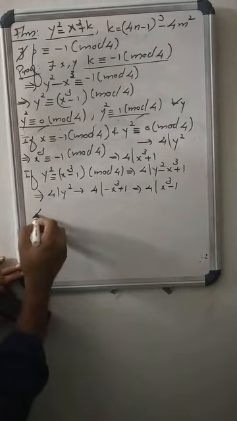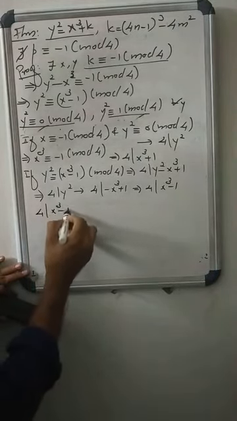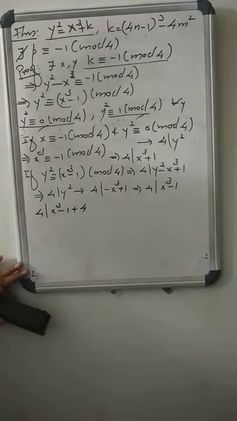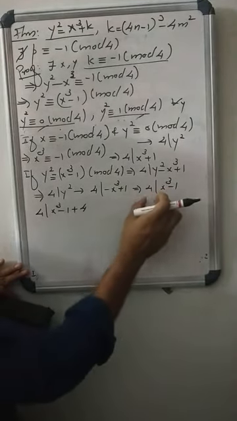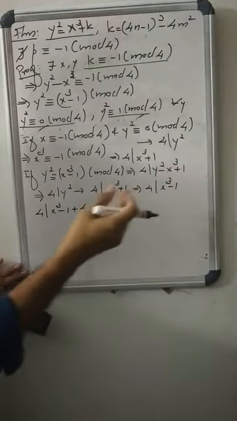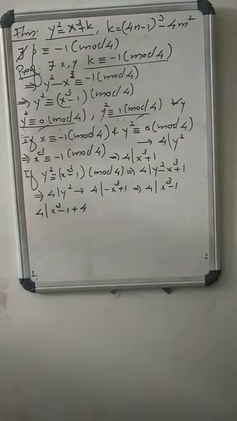4 divides x cube minus 1 means 4 divides x cube minus 1 plus 4. Sure. If x cube minus 1 is a multiple of 4, then you add 4 to it, and that number is also a multiple of 4.